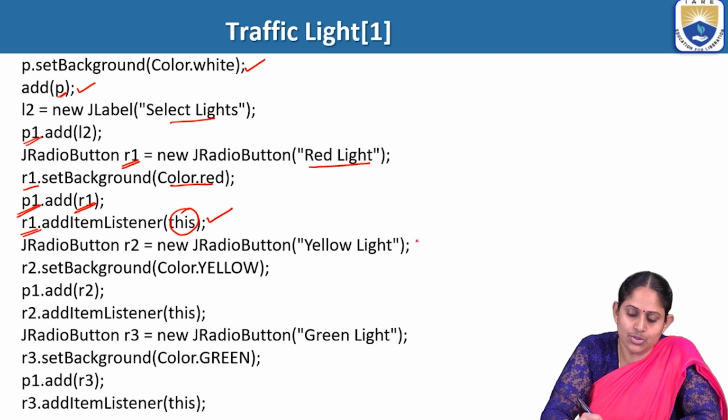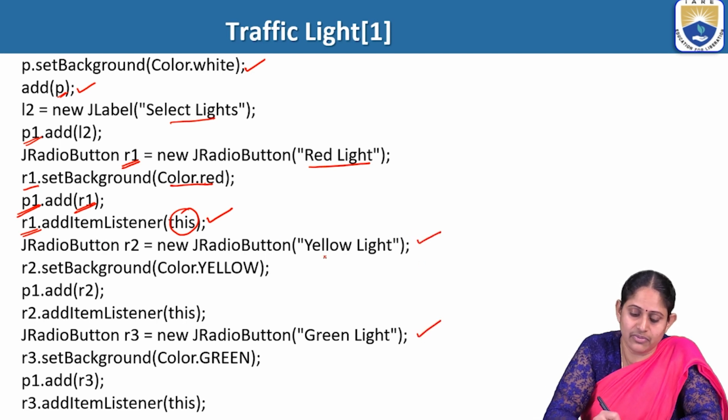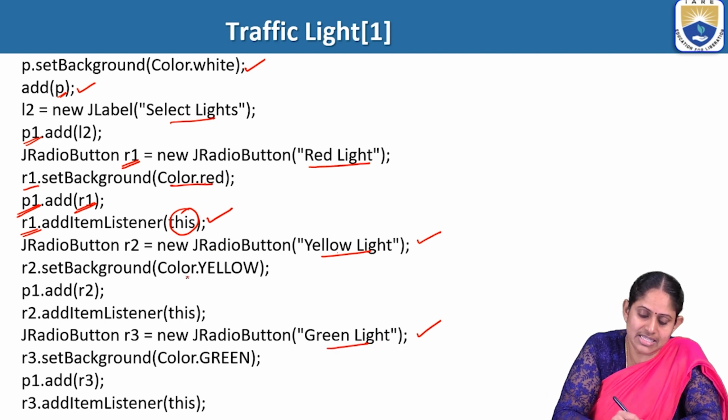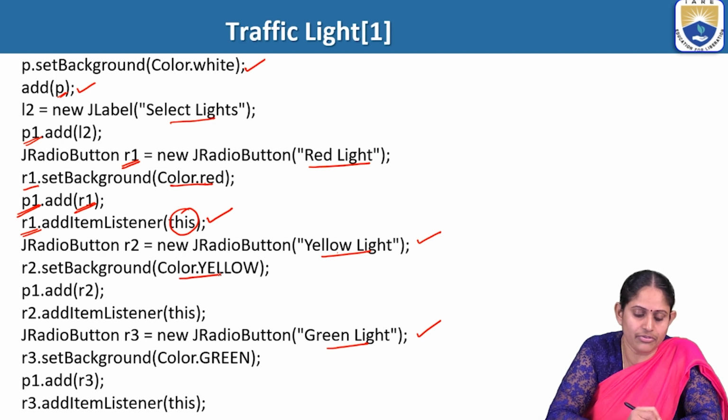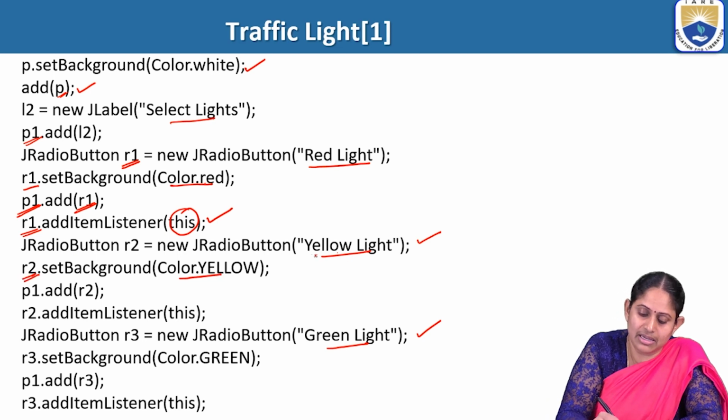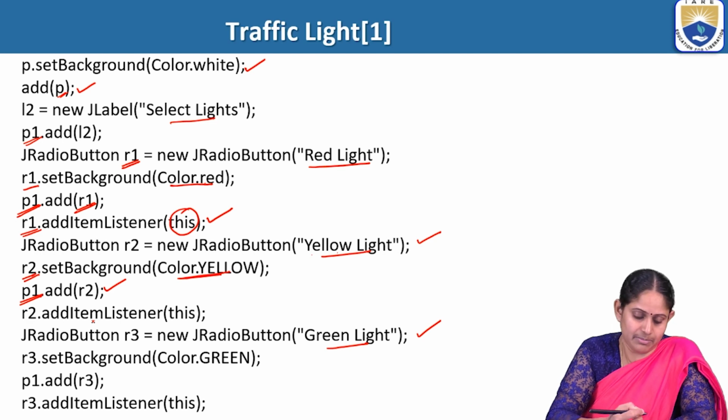Similarly, we are creating two more radio buttons, one in yellow light and another in green light. We are setting the background color of R2, the yellow light radio button, to yellow, and that radio button is also added onto the bottom panel P1.